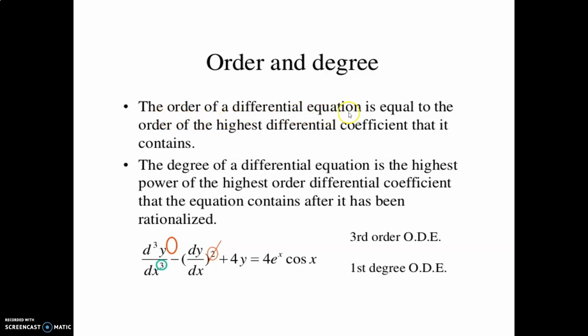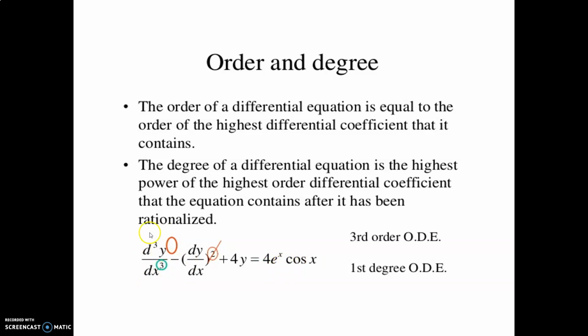The order of a differential equation is equal to the order of the highest differential coefficient that it contains. The degree of a differential equation is the highest power of the highest differential coefficient that the equation contains after it has been rationalized, that is, free from radicals and fractions. Example: d³y/dx³ − (dy/dx)² + 4y = 4eˣ cos x.